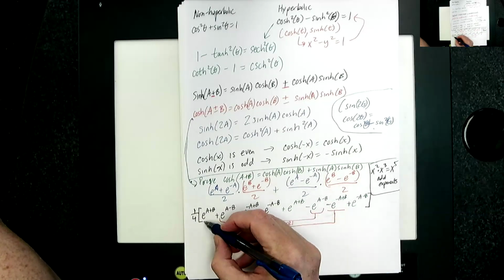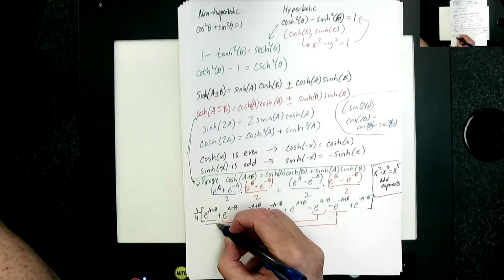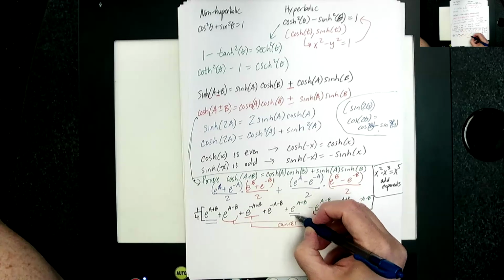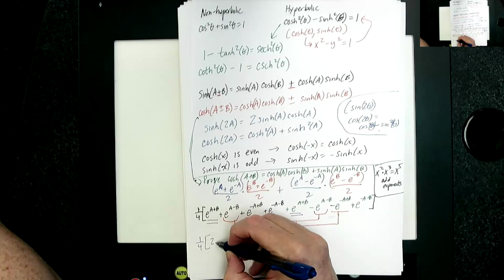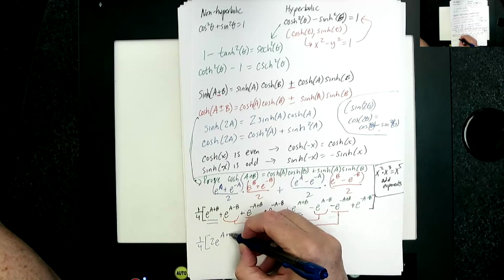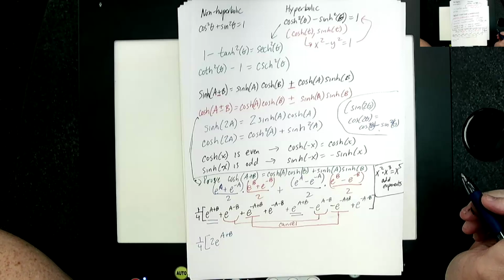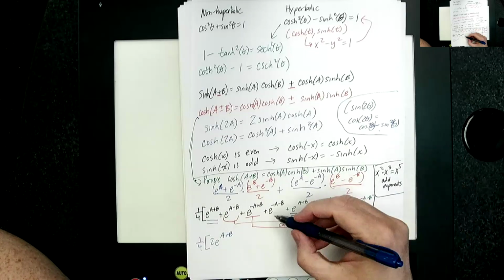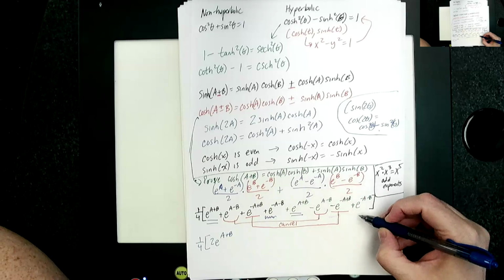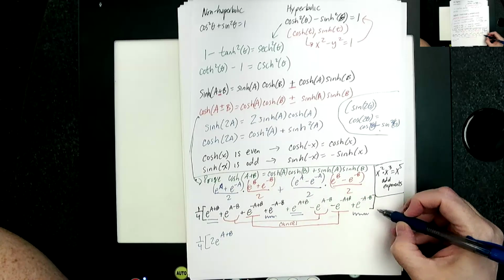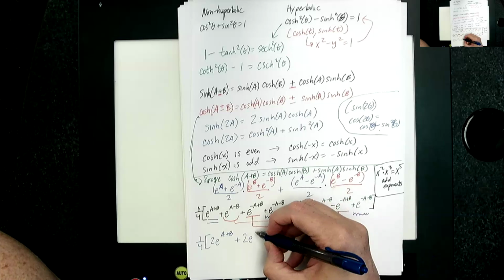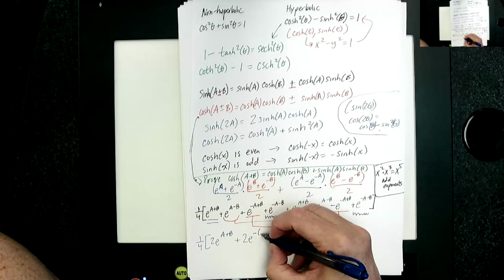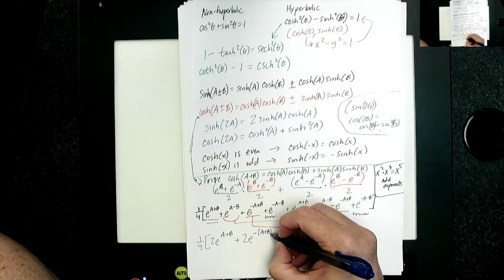And then I have e to the A plus B here and e to the A plus B here. Those add together. I have 2e to the A plus B. I still got my 1/4 outside. And then if I do the minus A and minus B, I have 2 of those. And what I'm going to do is factor the negative out of the exponent so it looks like this.